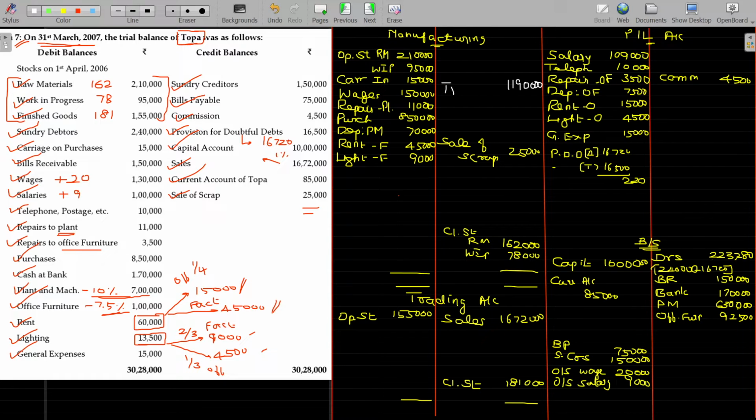It should be transferred to the trading account because this is cost of production. Production is over, then this is transferable to the trading account. Cost of production transferred from manufacturing account. What is the total? Eleven lakhs 90.